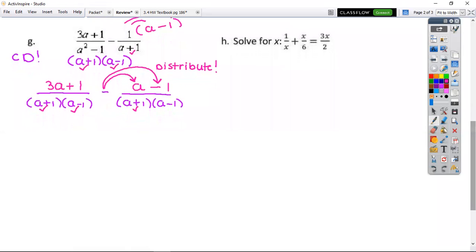So I get now 3a plus 1 from the left minus a plus 1 all over my denominator, which is a plus 1, a minus 1. In my numerator, I need to combine like terms and then see if that helps me factor and go a little bit further.